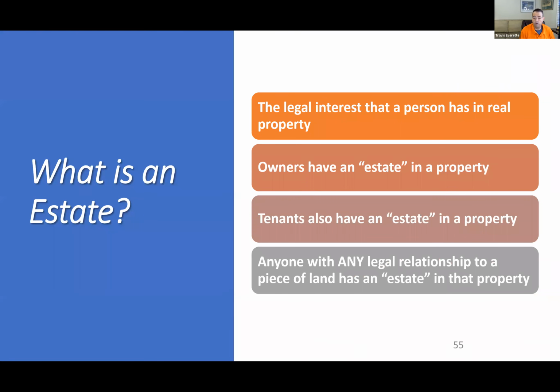Big vocabulary word here. Not quite as important as the word appurtenance that we talked about on Monday, but a big vocabulary word that you're going to see a lot of in this class: simply the word estate. What is an estate? First of all, it's not one of the 50 things that make up the United States of America.